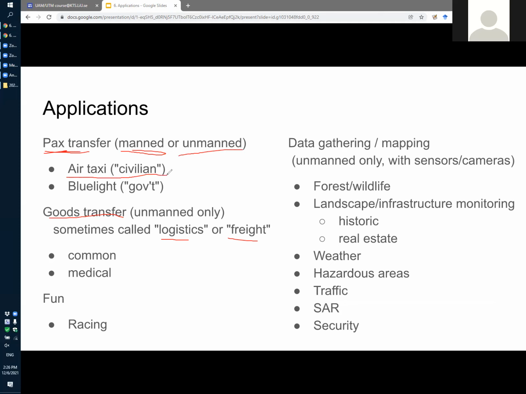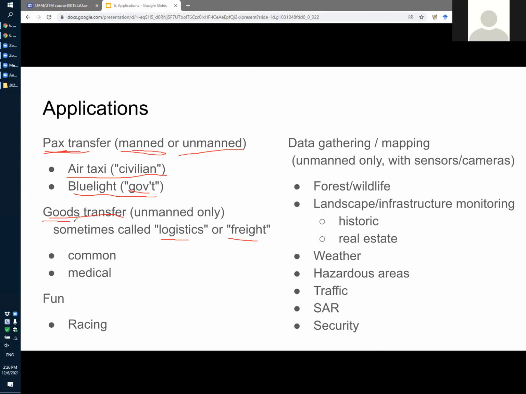And there could be these more civilian applications like air taxis, going from an airport to somewhere else and just between 2 points. And there are maybe questions of bringing a doctor to a patient or a patient to the hospital, like they do currently with helicopters, so more these kinds of government applications.